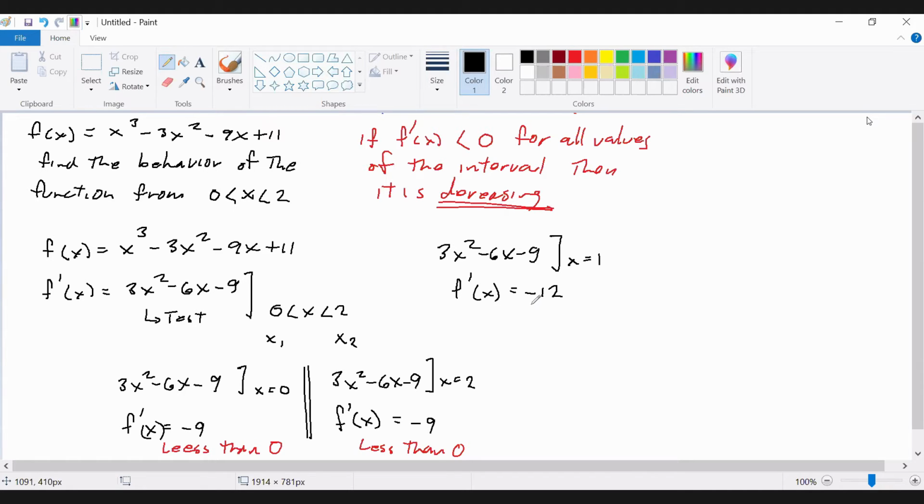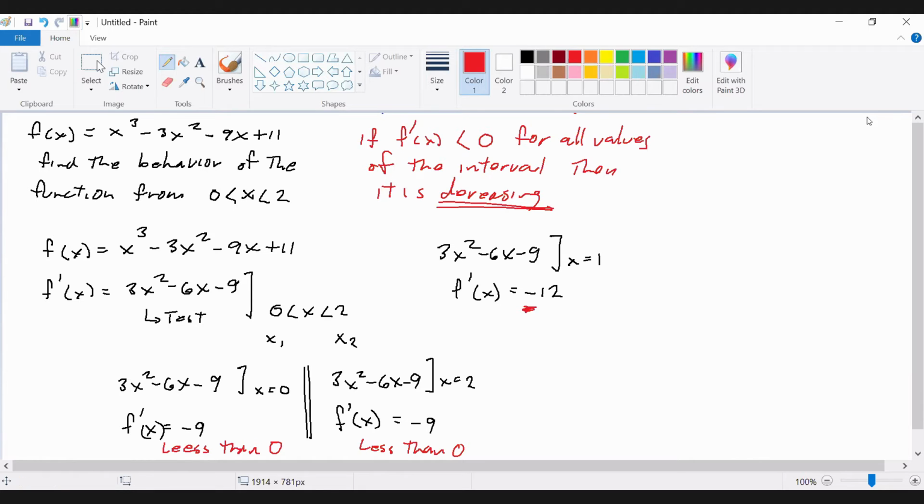So it is still negative, as you can see. So it's safe to say now that from the interval x equals 0 to x equals 2, the graph is going down. Clear? Yes, teacher. Okay, so this is your first derivative test.